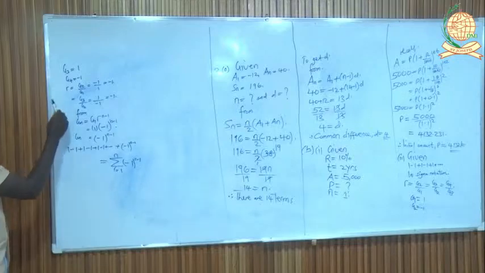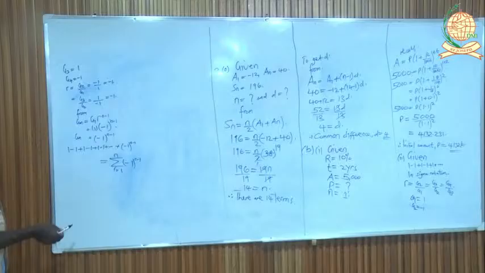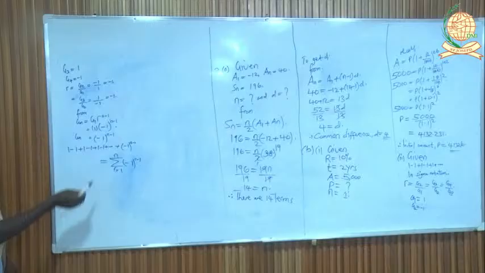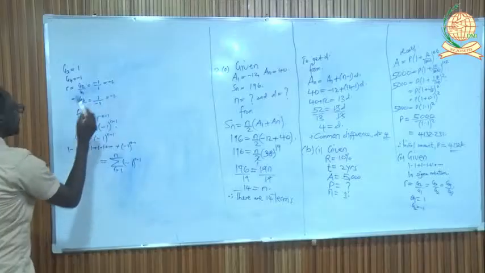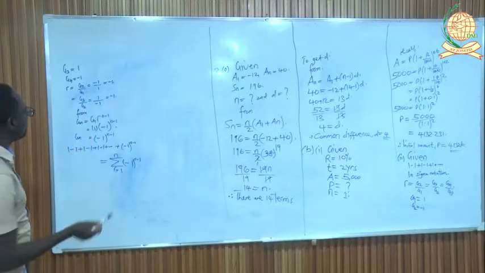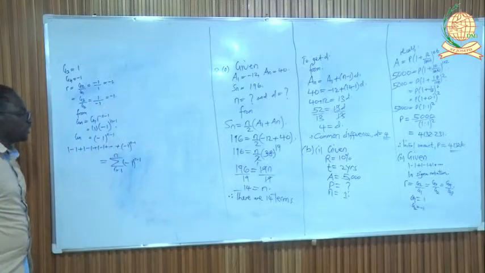Similarly, r is given by g3 over g2, which is positive 1 over negative 1, so it is equal to negative 1. Because of this, it is a geometric progression.